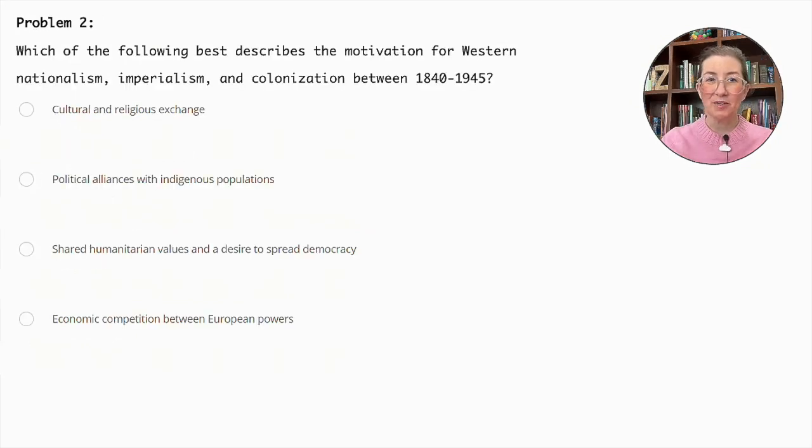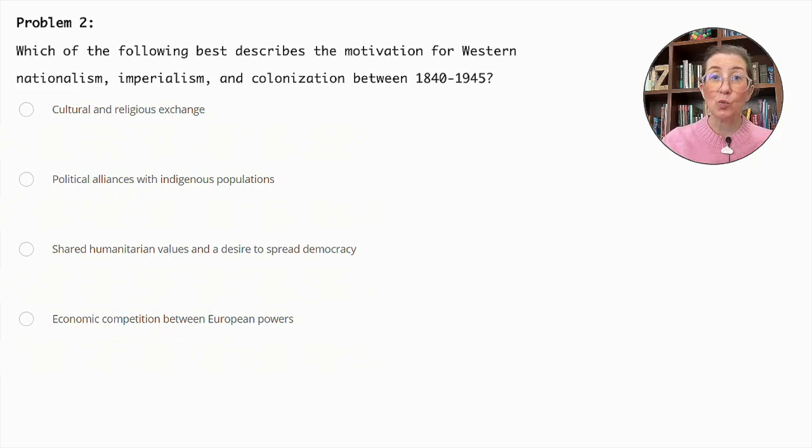Problem number 2. Which of the following best describes the motivation for Western nationalism, imperialism, and colonization between the years of 1840 and 1945? Cultural and religious exchange, political alliances with indigenous populations, shared humanitarian values and a desire to spread democracy, or economic competition between European powers.